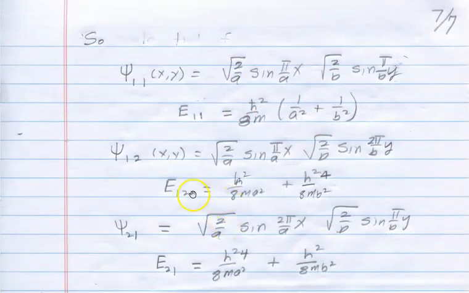We get psi 1,2. Again, n1 is 1, n2 is 2. So 1 squared is 1, and 2 squared is 4. So we get this energy. And then you can get psi 2,1. And here the 2 goes on this one, the 1 here. And we get a similar looking expression.